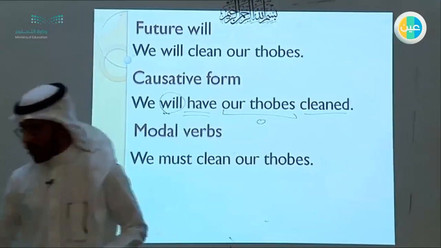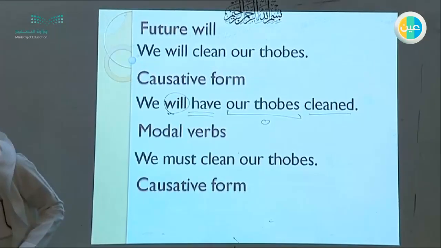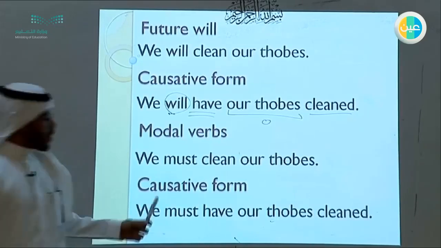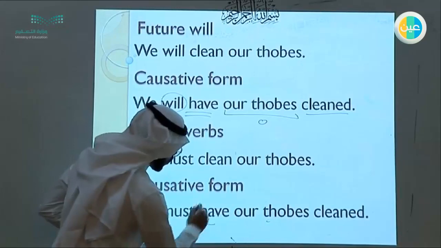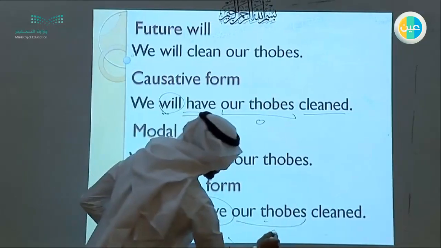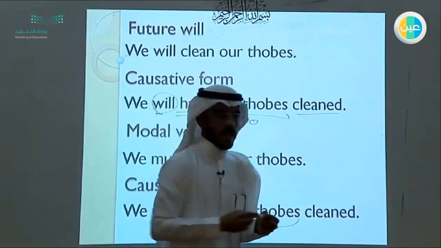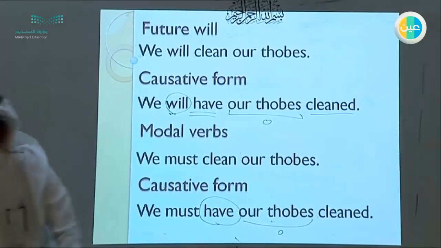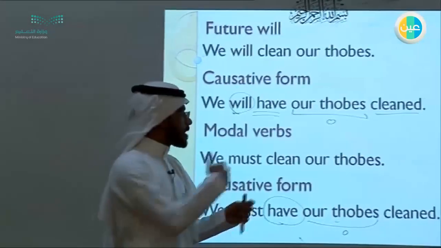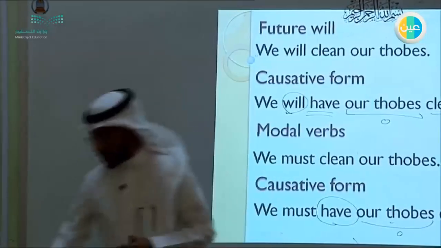So, what we will do, شو نسوي? In causative form, we must have, this is the object, our thoughts cleaned. We must have our thoughts cleaned. Okay, now I hope that's clear. So let's move to practice in page 41.